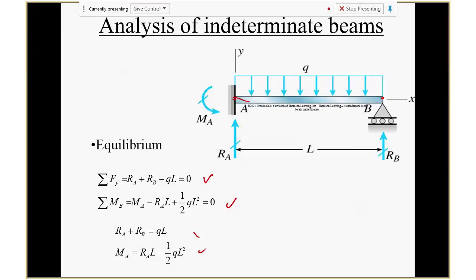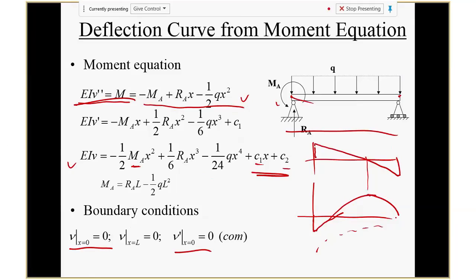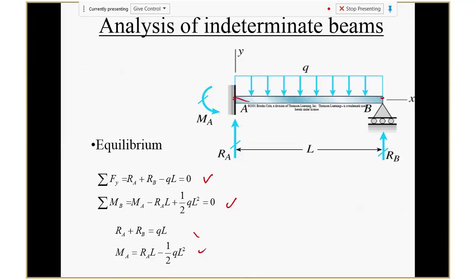So if I try different MA, and somehow I apply this MA here so that this rotation angle equals 0, then what do you say? This MA must be the same as the MA here, because otherwise it will deform differently. So that's the compatibility.